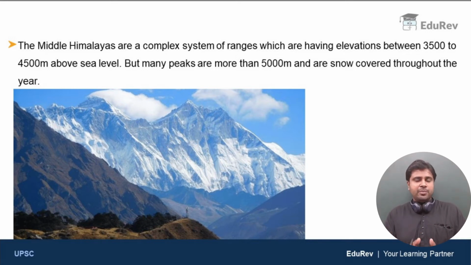So the entire Middle Himalayan region is a complex system of many mountain ranges, and the average elevation of these mountain ranges varies between 3,500 meters to 4,500 meters. But within the Middle Himalayas, there are many mountains whose elevation is more than 5,000 meters and which are covered by snow throughout the year.